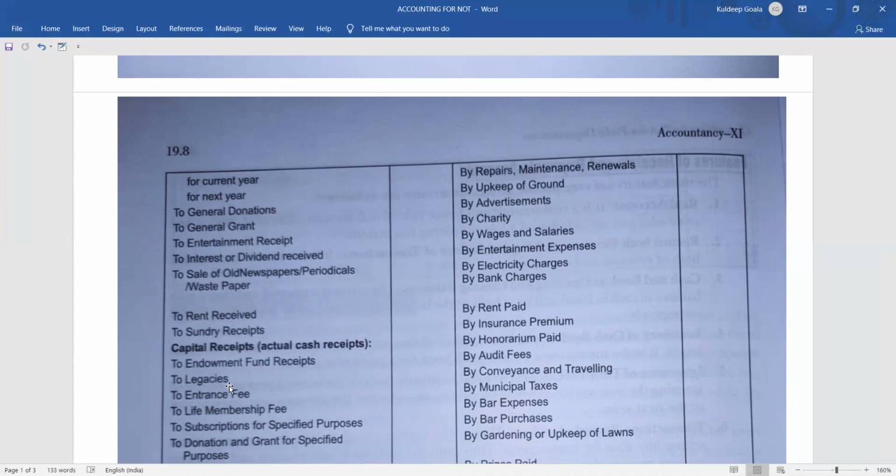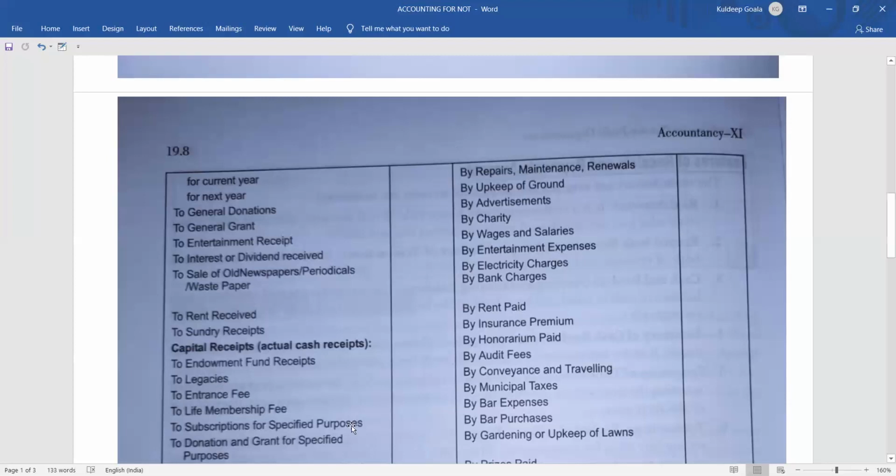In the same way, clubs and non-profit organizations also receive legacy. Sometimes there are people who have no one in the world, so they decide that after they die, their property will be transferred in the name of a particular NGO or club. This property or money is called legacy.